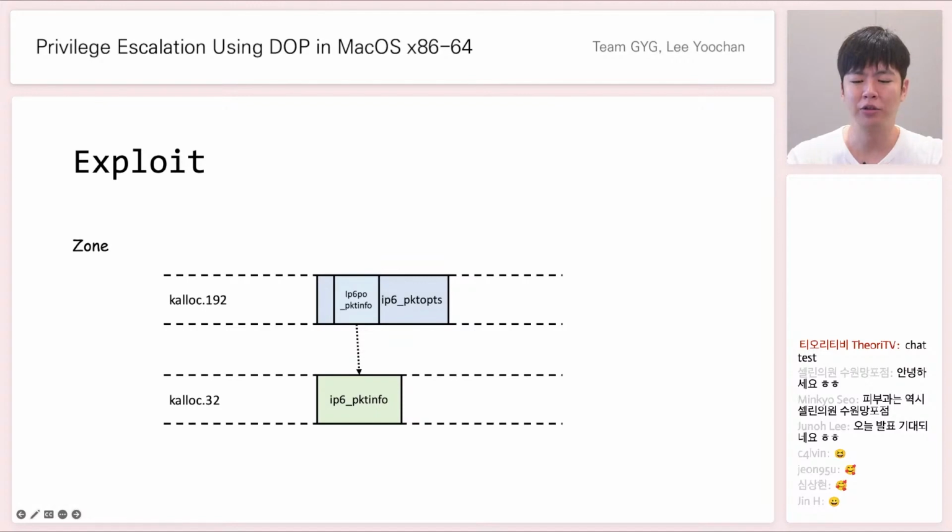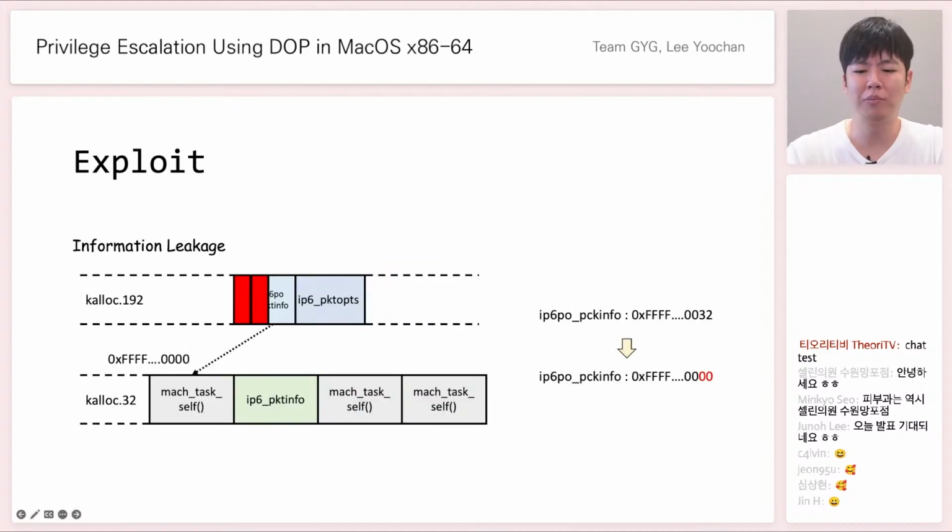There is a dedicated zone and a general zone, but in this presentation, we only introduce the general zone. A general zone is used by the kalloc function, and according to the size of the object, the zone to be allocated is determined. IP6 packet options is allocated in the kalloc 192 zone, and IP6 packet info is allocated in the kalloc 32 zone.